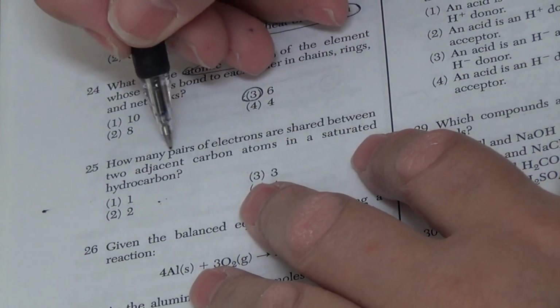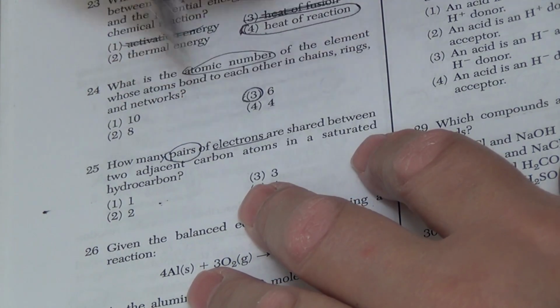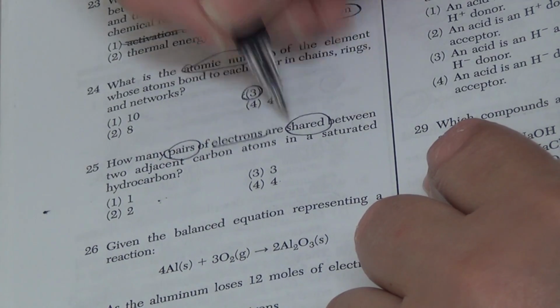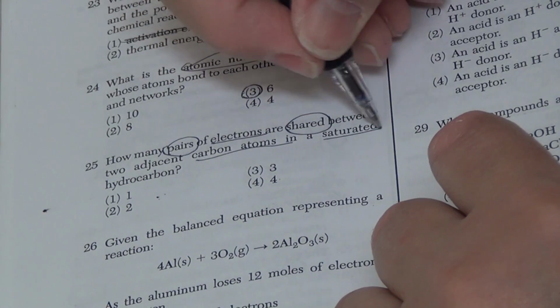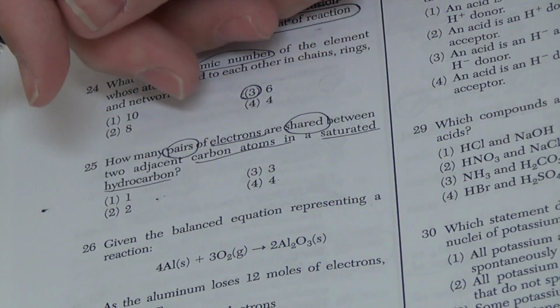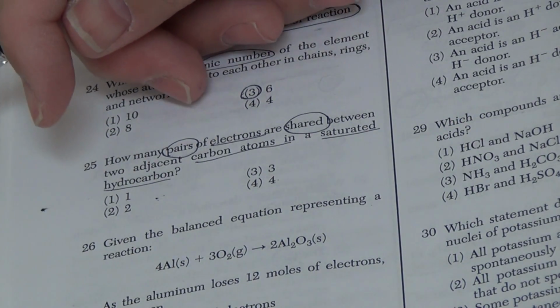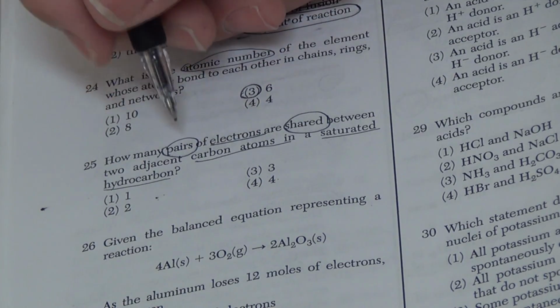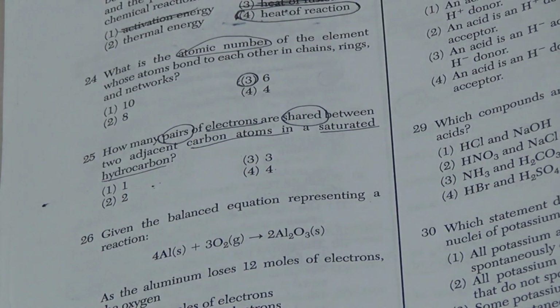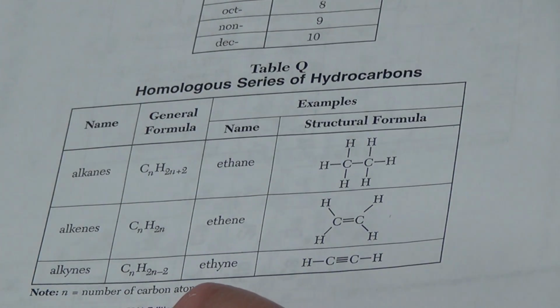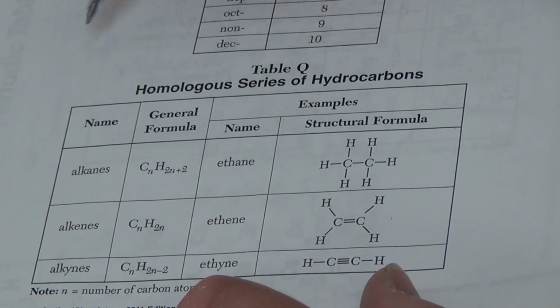25. How many pairs of electrons are shared between two adjacent carbon atoms in a saturated hydrocarbon? There is a lot to unpack in that question. First of all, what is a saturated hydrocarbon? Reference table Q gives us our various hydrocarbon types.